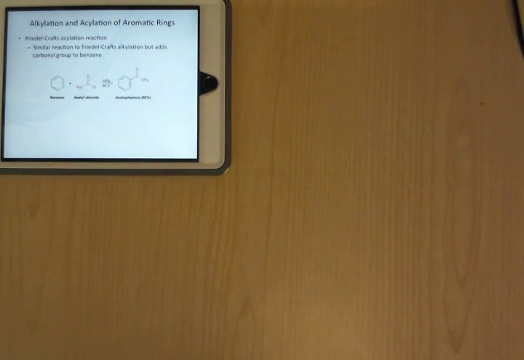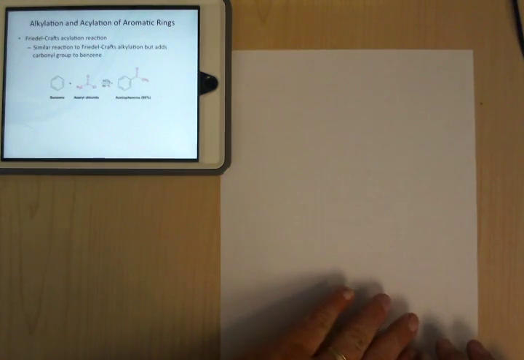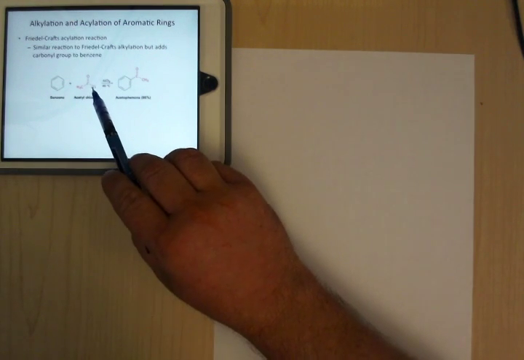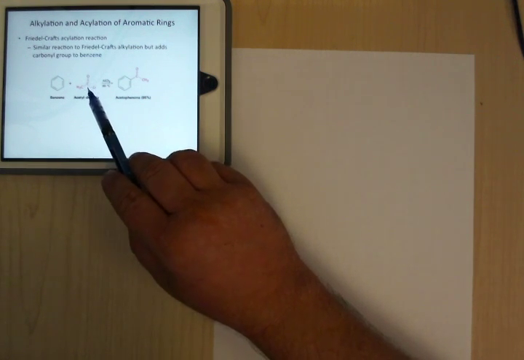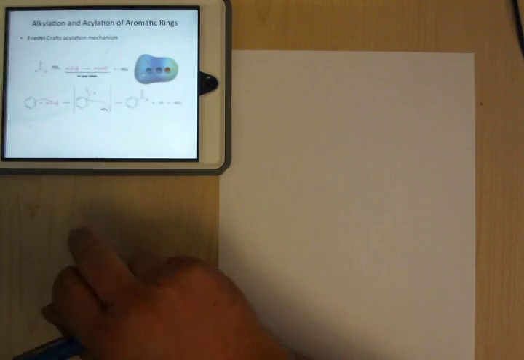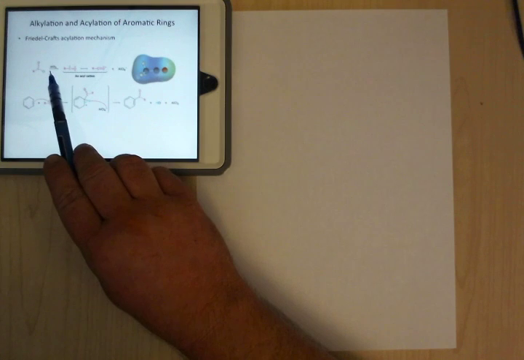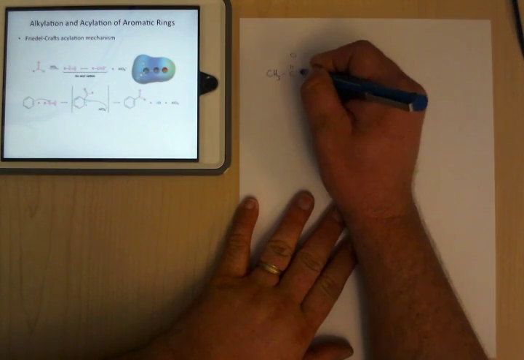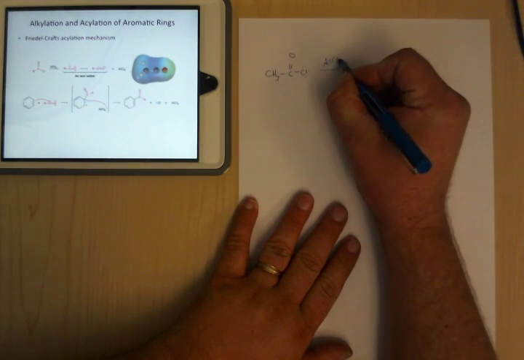Okay, so one of the ways that you can get around this is to do what's called acylation. Instead of going through a carbocation, well, you still go through a carbocation, but what you do is connect through a C double bond to O. Now this actually works pretty well. It's a very similar mechanism, where you have the aluminum chloride, the same mechanism we've been seeing.